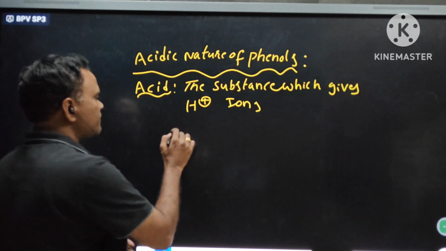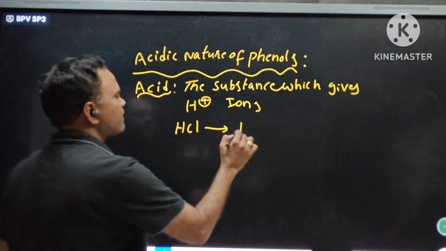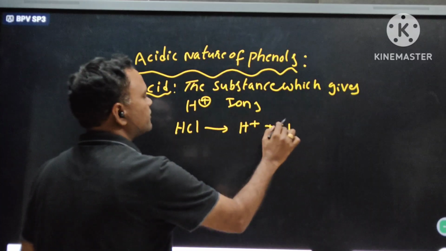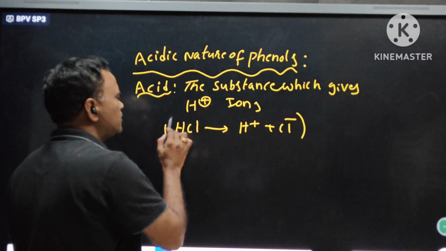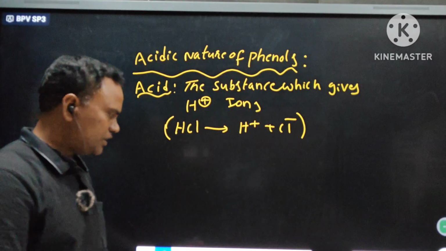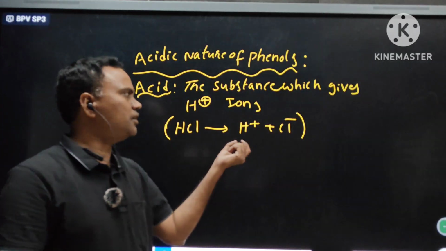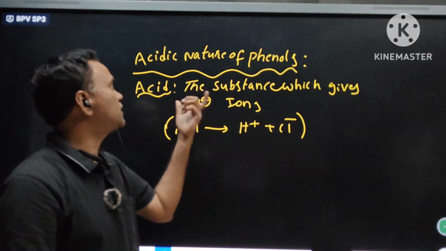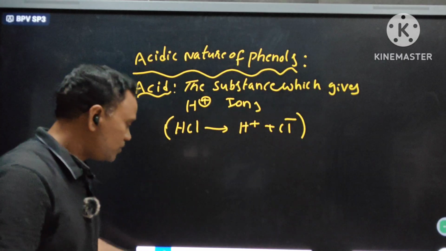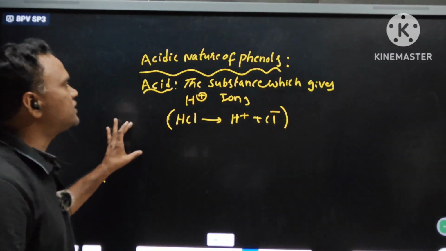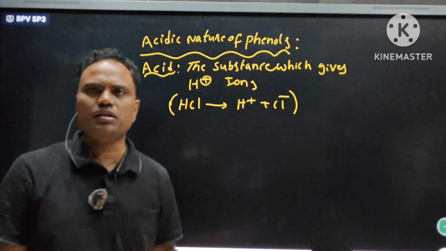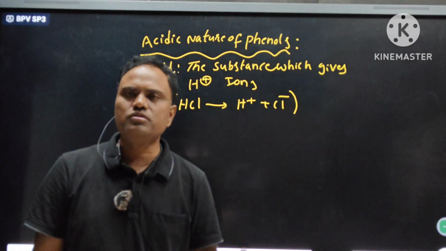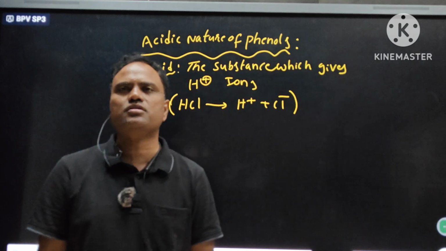It gives H plus ions when dissolved in water. HCl is giving H plus ions, right? So HCl is an acid. This is general information about acids. If you know this idea, then you can understand phenol's acidic nature. Phenols also act as acids by giving H plus ions. We know the one which gives H plus ion is called an acid. Phenol also gives H plus ions when it is dissolved in water.